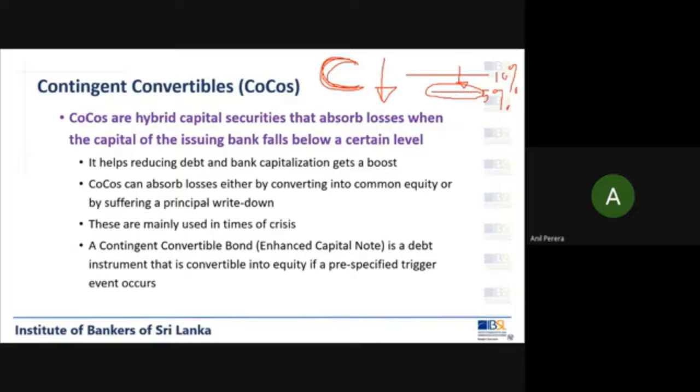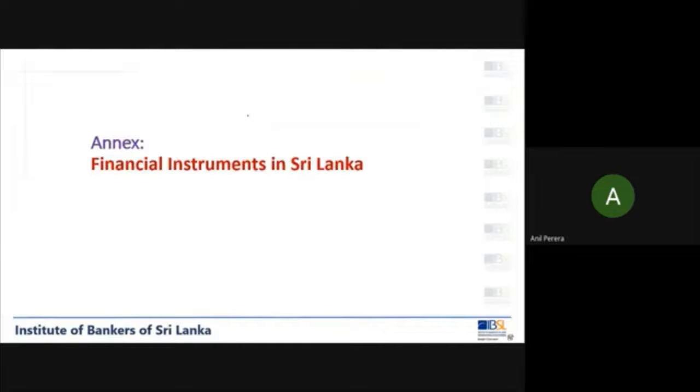So in the financial market, it appears as a hybrid instrument. Hybrid means it's like an equity, it's like a bond. Both features are there. Contingent convertibles. So have some idea. This again I have seen in one of your papers in the past, not in many instances. In one or two papers, I have seen this question, contingent convertibles. Okay.